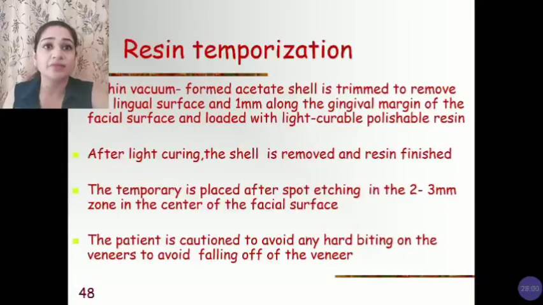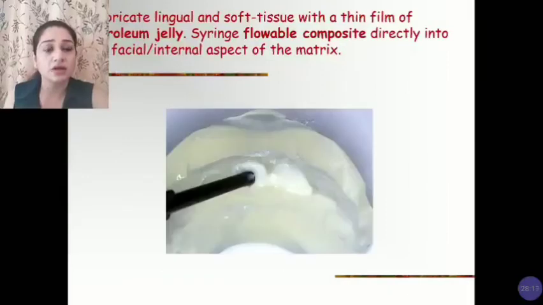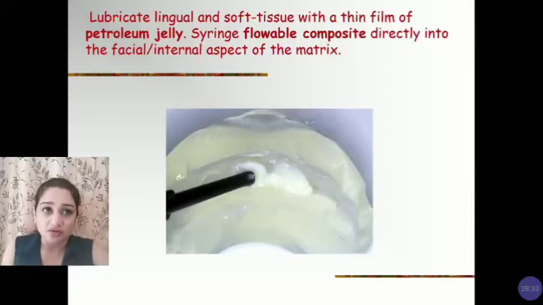So after this, in this vacuum form sheet, we place flowable composite directly into the facial or internal aspect of the vacuum form sheet, and for the area which is of no interest, we lubricate the lingual soft tissue with a thin film of petroleum jelly, that is Vaseline, so that the composite will not flow on that.